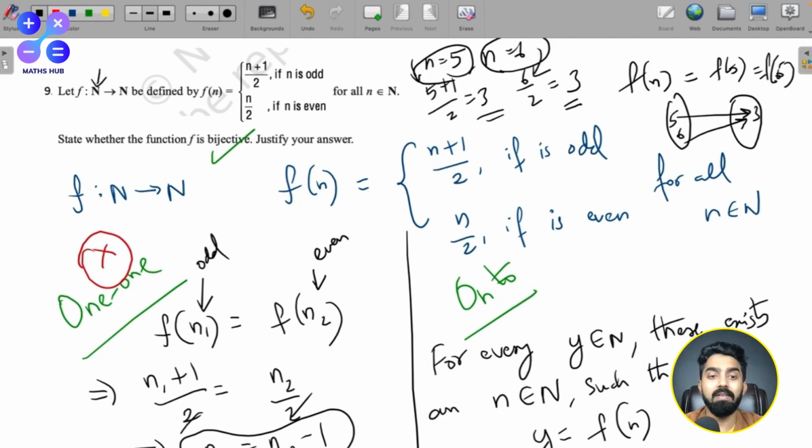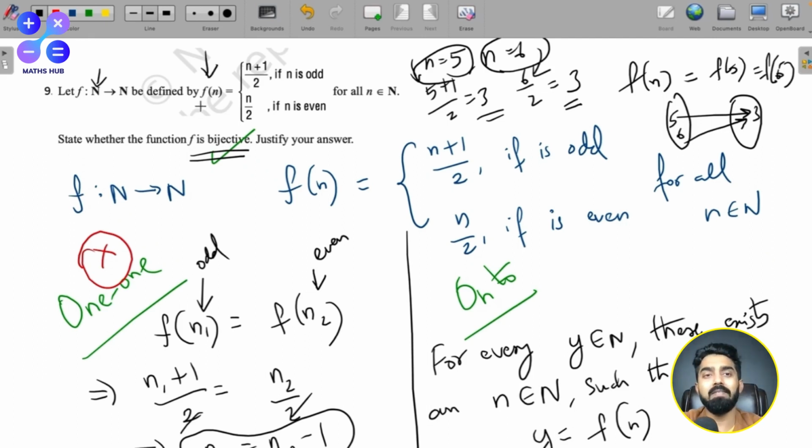Y is basically f of n. So for every y that belongs to N, there should exist an n. Does it exist? The function is not bijective, which is already proven because it's not 1 to 1, but we're just checking to see if we are able to justify whether it is 1 to 1, onto or not. So for every y, does there exist an n?